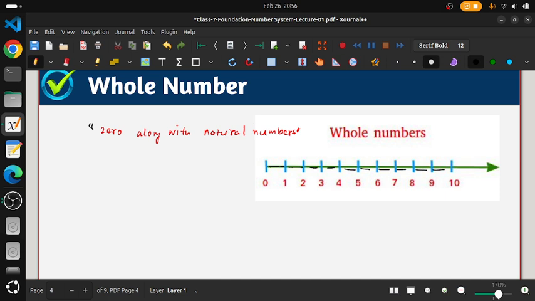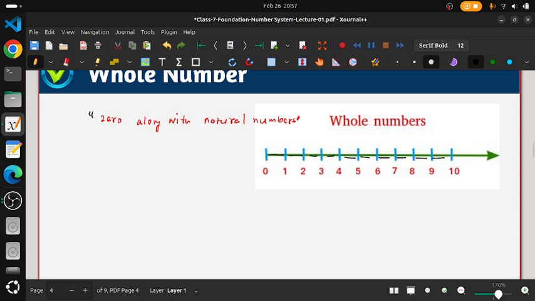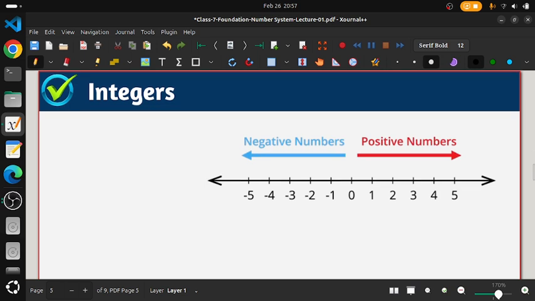Next one is interesting, because now we will be talking about integers.